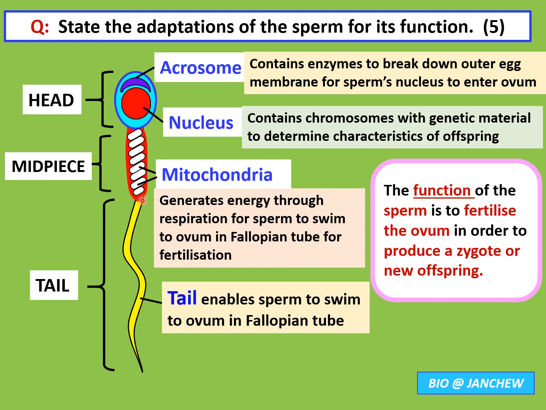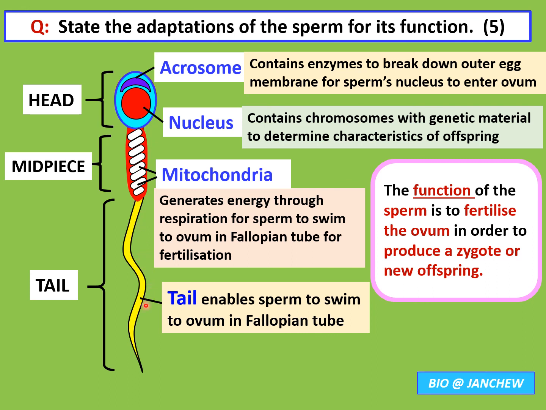It's a very long journey, and some people compare it to the journey that a space shuttle takes to the moon. Okay, so to swim such a far distance, it needs a lot of energy, which is generated through cellular respiration by the mitochondria.